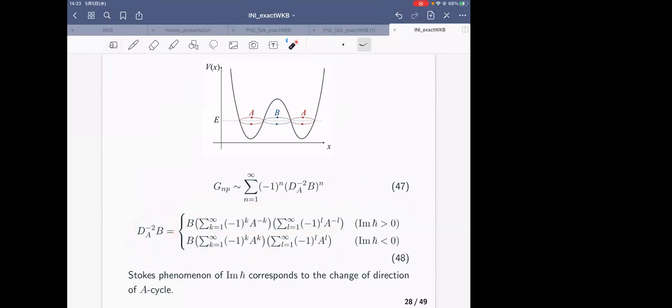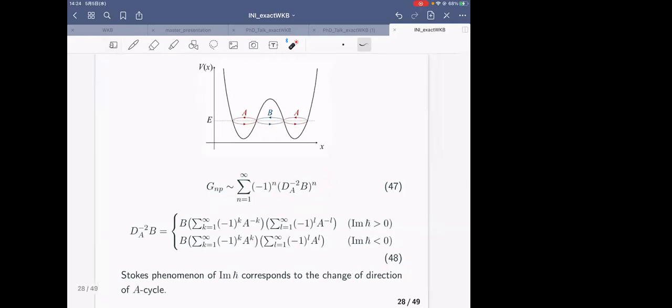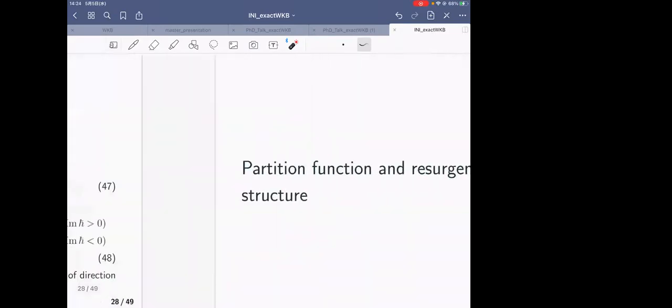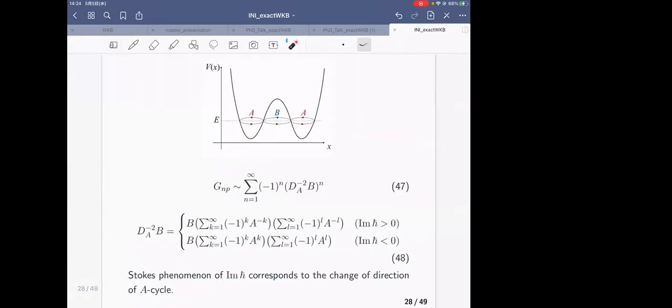And after summation of this quantity, and also considering the Maslov index, and counting the infinite number of this unit, it becomes the non-perturbative part of G. And also, the Stokes phenomenon of the Gutzwiller trace formula is the change of direction of the A cycle, here and here.